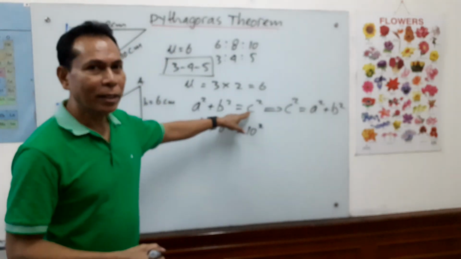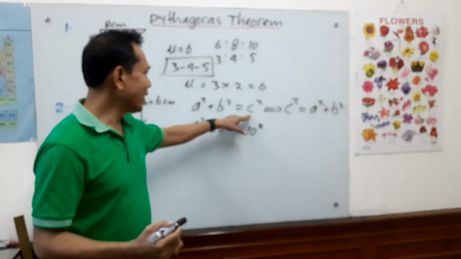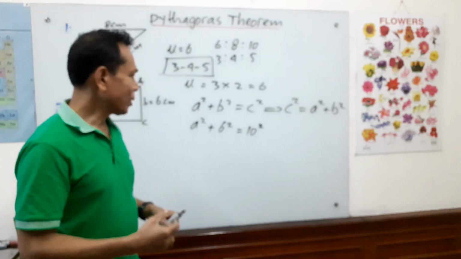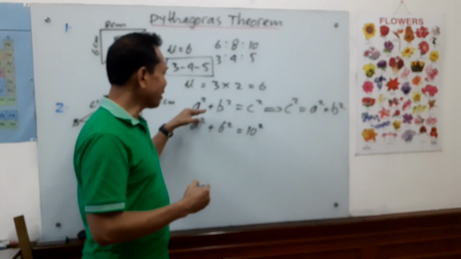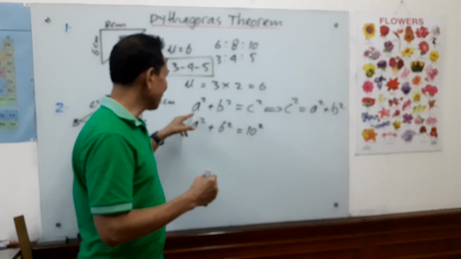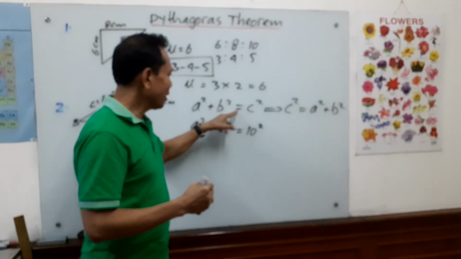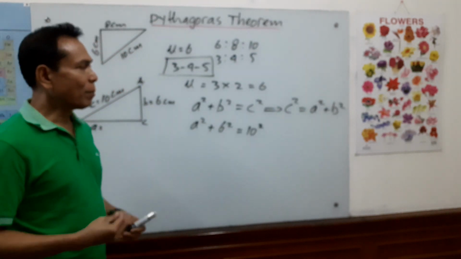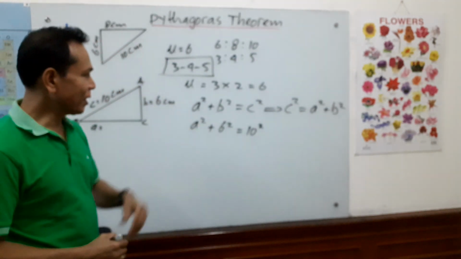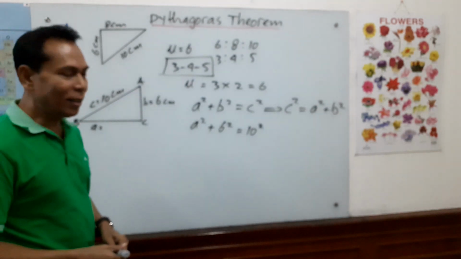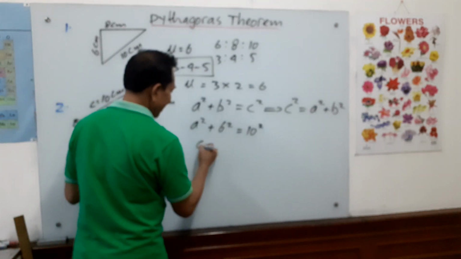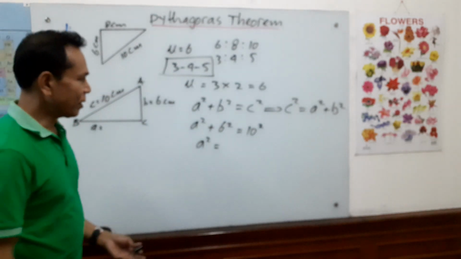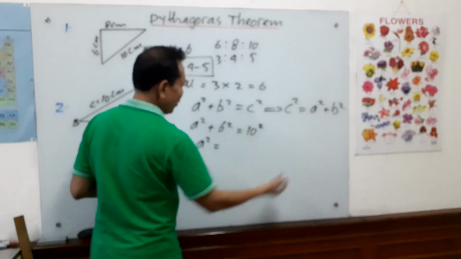This one is the original formula, where C is the subject. The sum of the squares of the other sides put together: A square plus B square equals C square, or C square equals A square plus B square. C is the subject. Now we want to make A the subject. So we take A here. A square equals, now this 6 square goes to the other side.